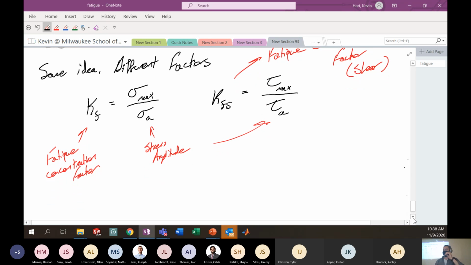Okay. These are both calculated using static concentration factors with a twist.